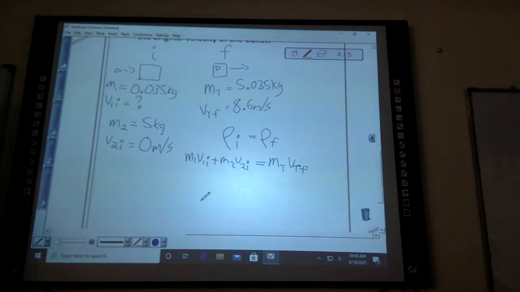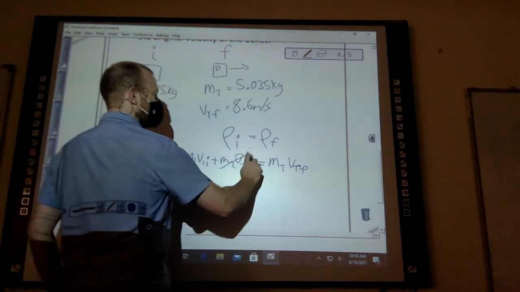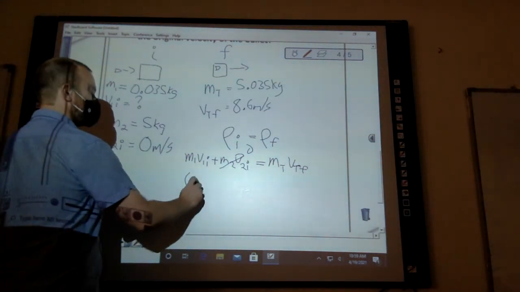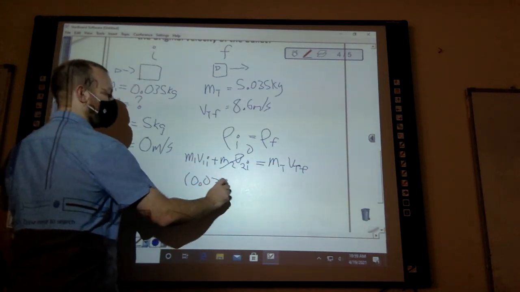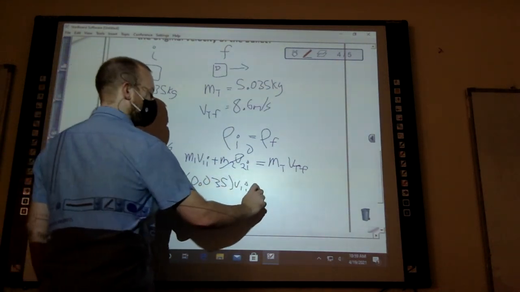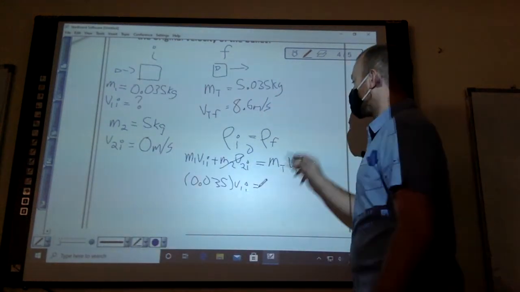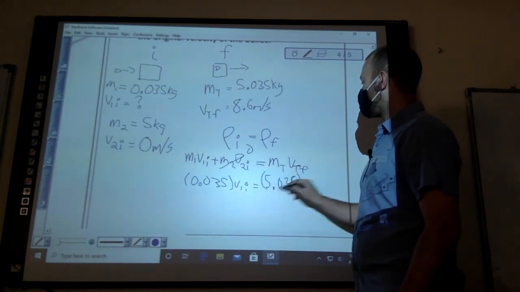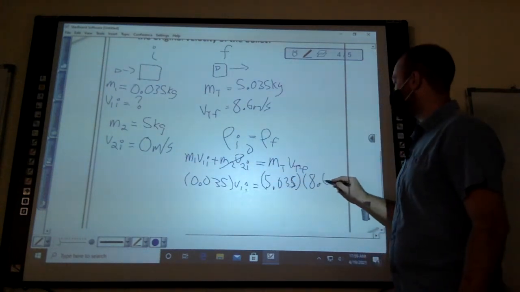Yep, it'll matter. Wait till you see how the velocity changes. So conveniently, V2i is 0. So who cares about this part? And then we need to solve for V1i. So I have everything I need. I've got M1, 0.035 times V1i equals mass total, 5.035 times this total.